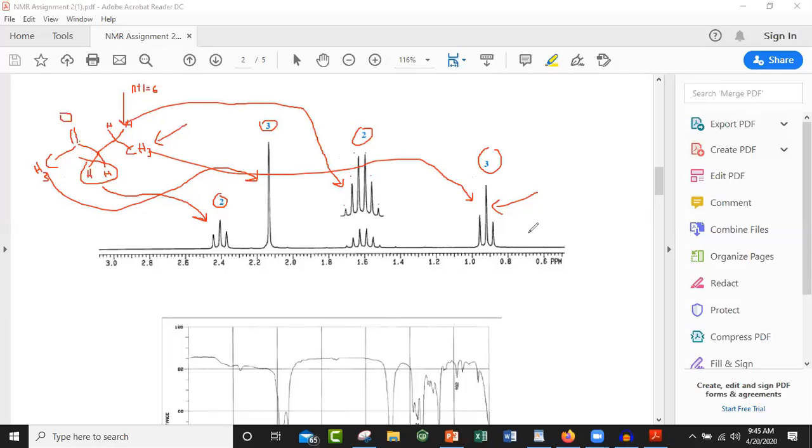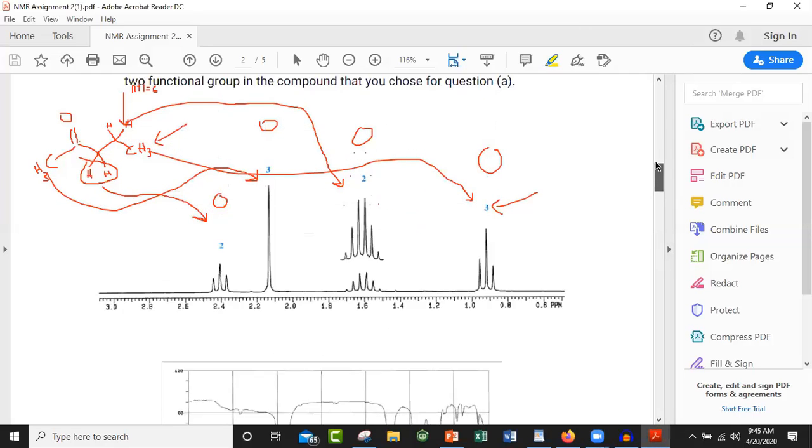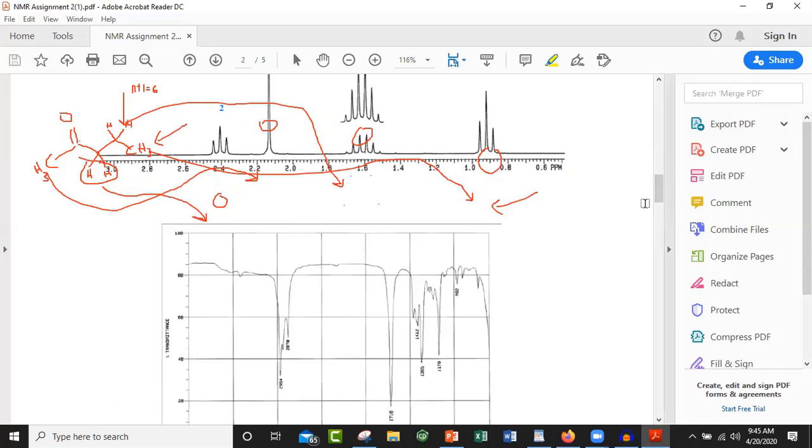Can you see how the integration helps to solve it too? You have the integration, those numbers right over the signal. That's telling you how many protons each signal represents. And then the infrared, which is down here. What you would look for in the infrared is a couple of things.